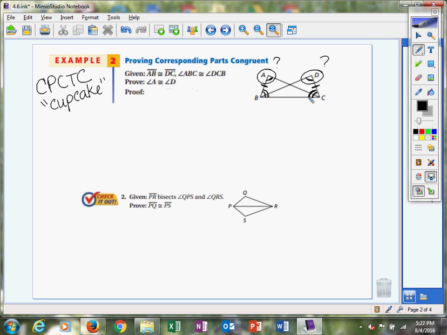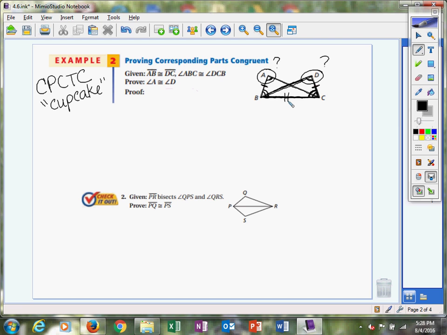Then notice the triangles: if you look at this big triangle here, I'm going to darken that side, and the other triangle uses that same side. Notice here that BC shows up in both triangles.